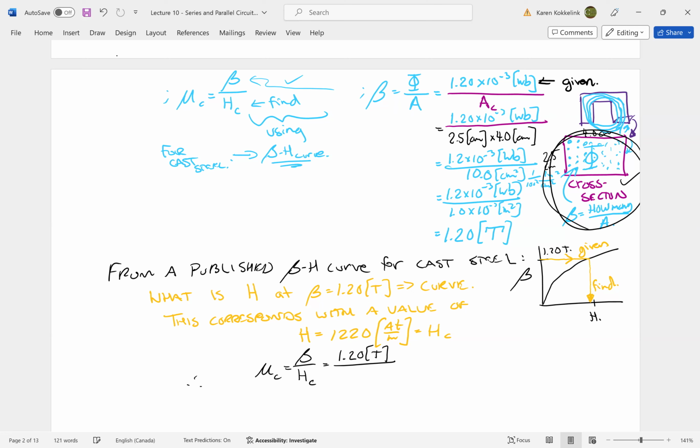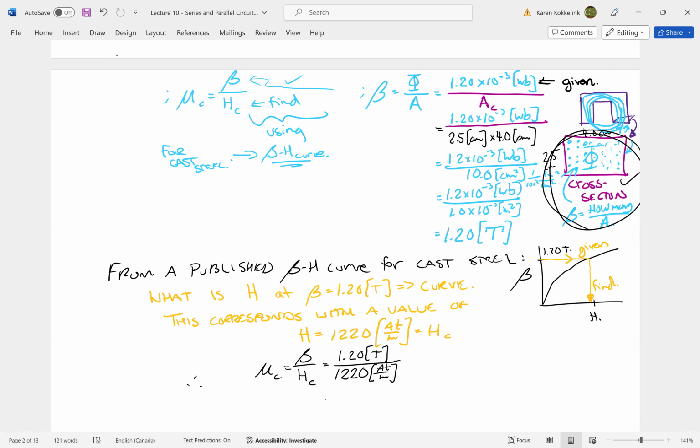The flux density is 1.20 Tesla. And I found on my curve that that corresponds to 1220 amp turns per meter of magnetic field strength is happening right now if that's the amount of flux that got established in cast steel.